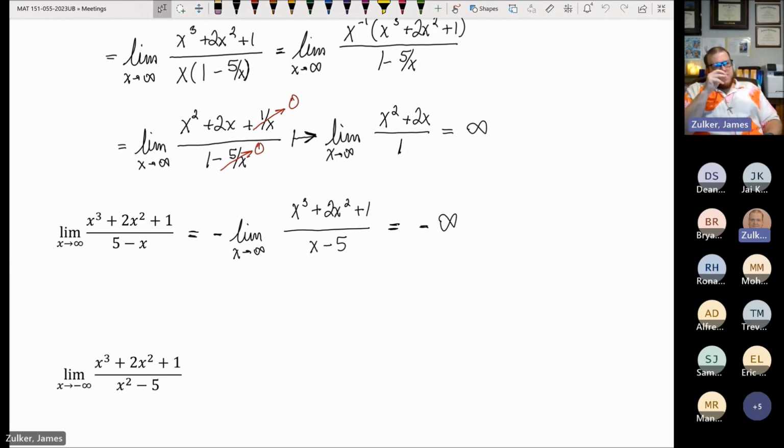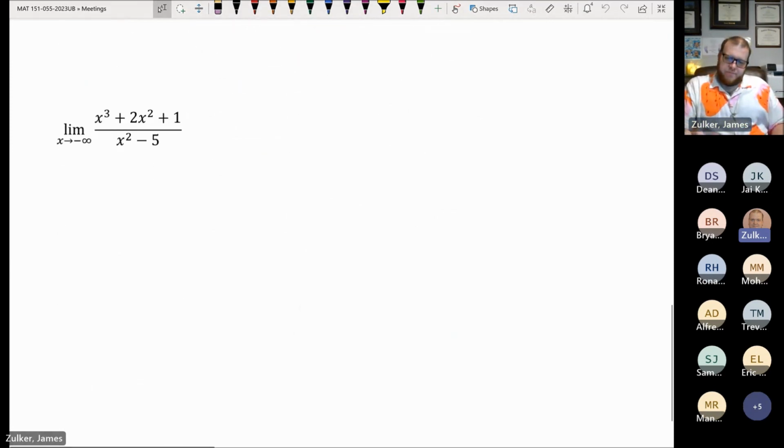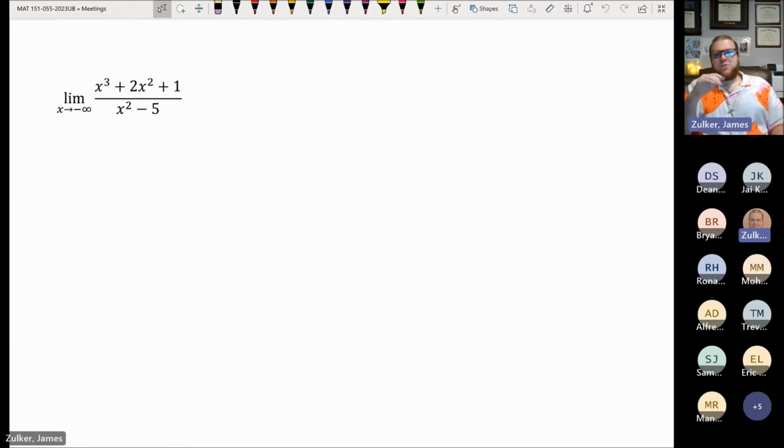I wonder if that was supposed to be x squared. No, I'm not changing it. Limit as x approaches negative infinity of x cubed plus 2x squared plus 1 over x squared minus 5.